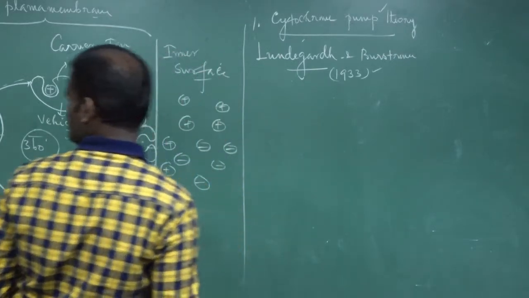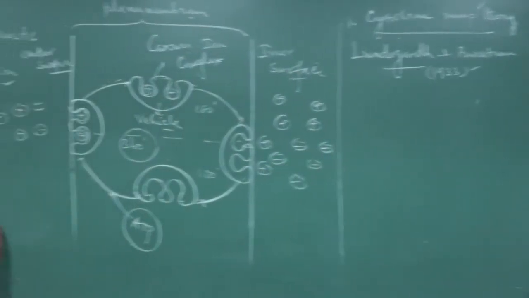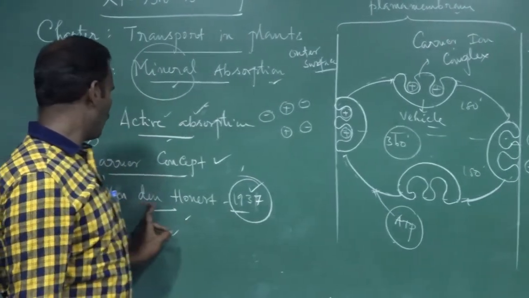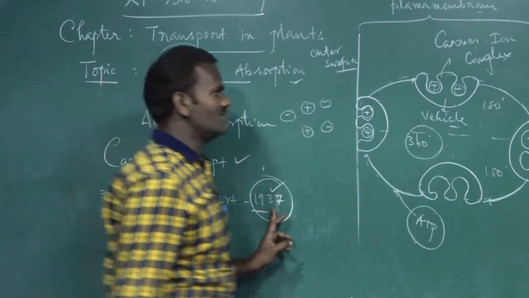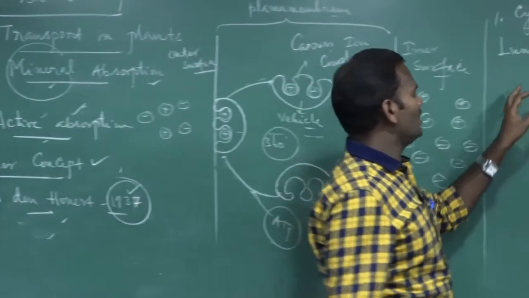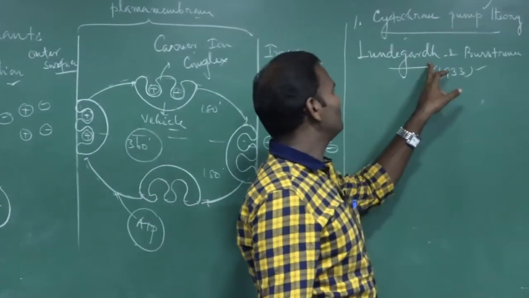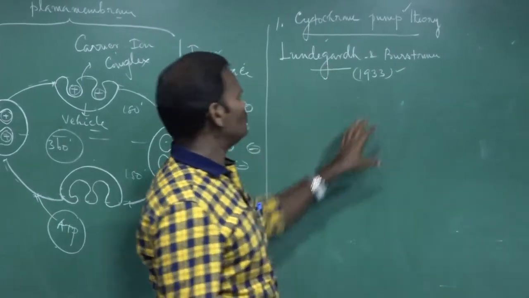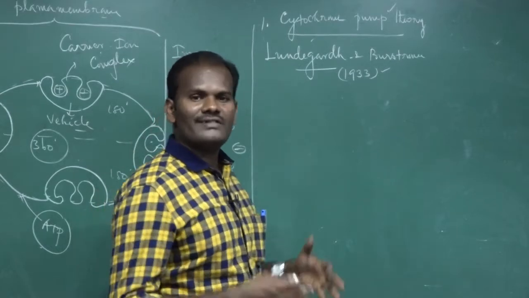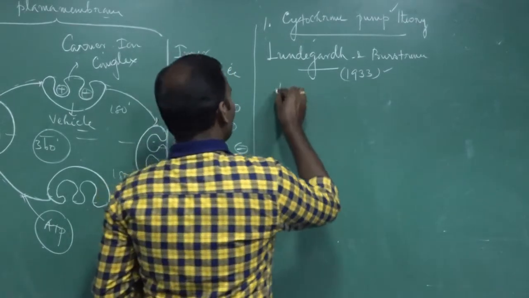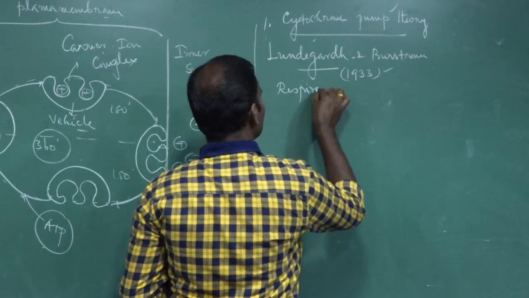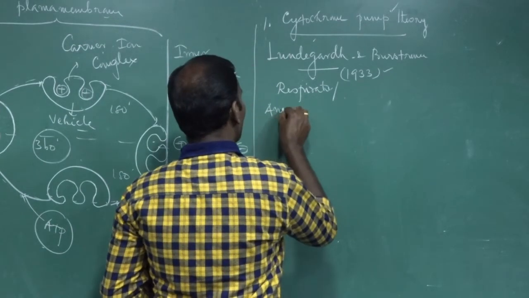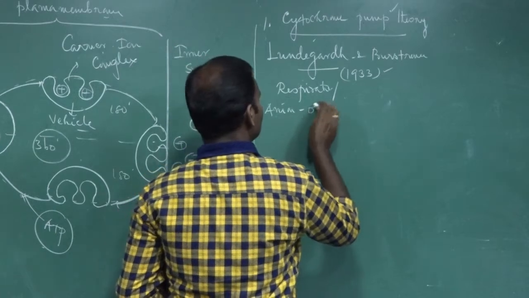The carrier concept was proposed by Van den Honert in 1937. The cytochrome pump theory was proposed by Lundegardh and Burström. They observed the correlation between respiration and anion absorption.